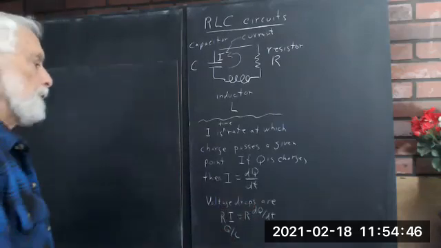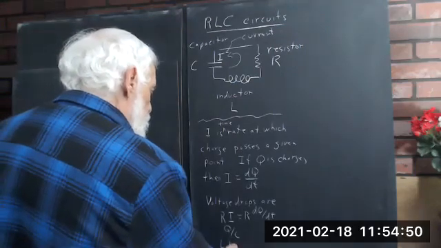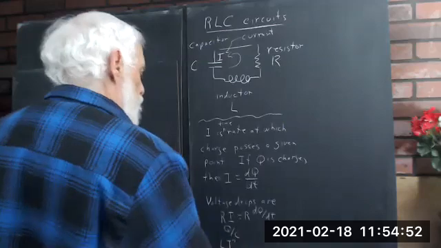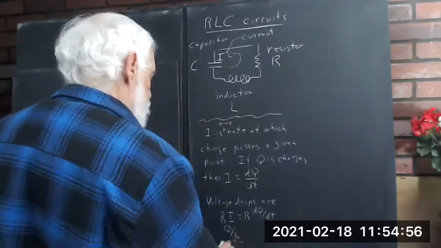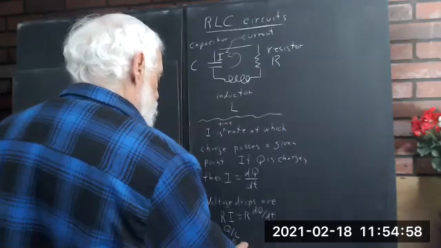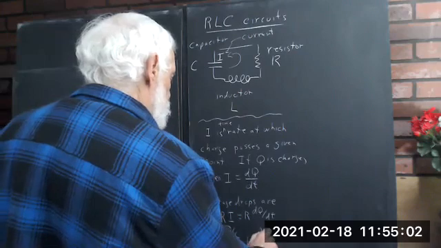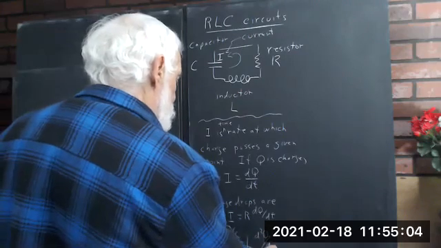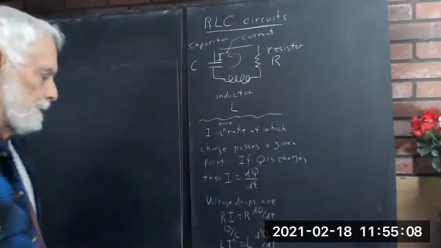And over the inductor, it's L I prime, thinking ahead to what's going to happen to Q, which equals L times the second derivative of Q with respect to t.